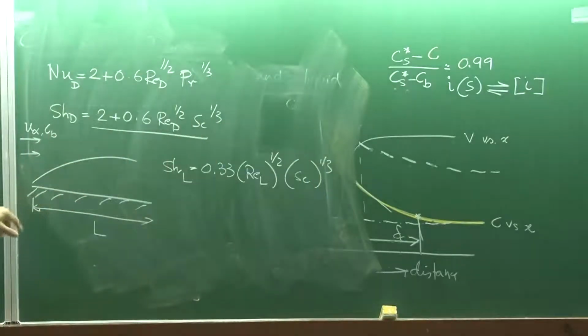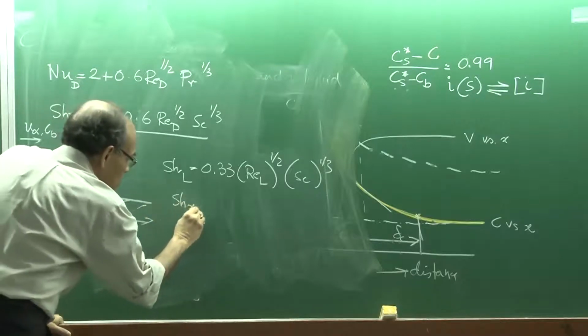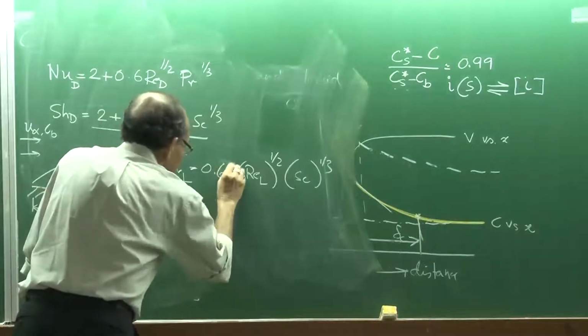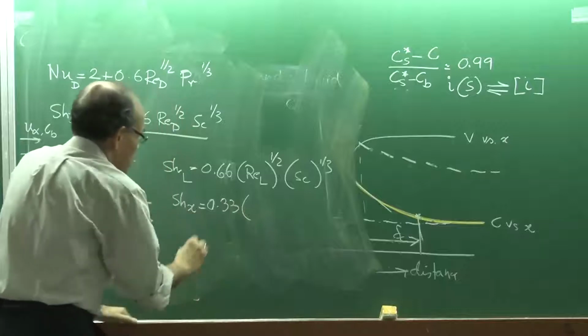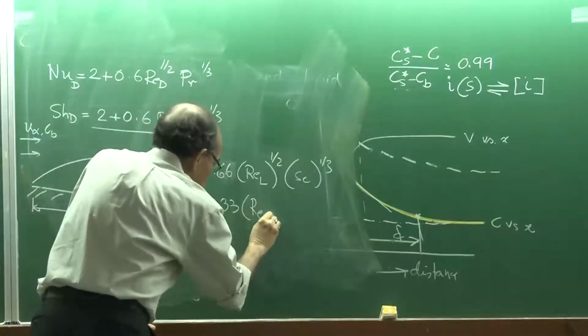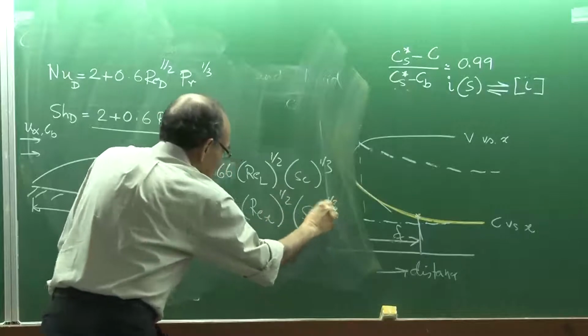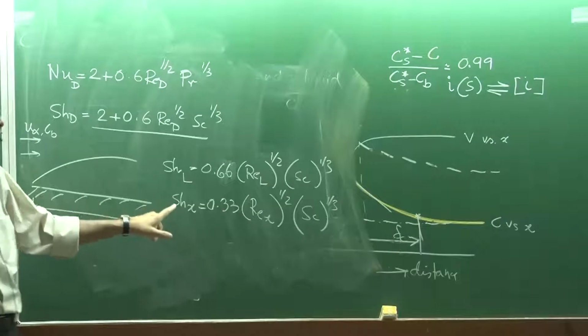So we can have a local number also. Many times we will come across this, and this is a local forced convective mass transfer correlation.